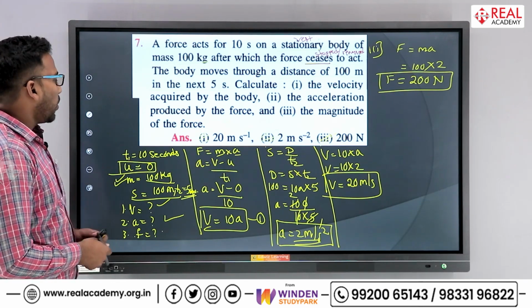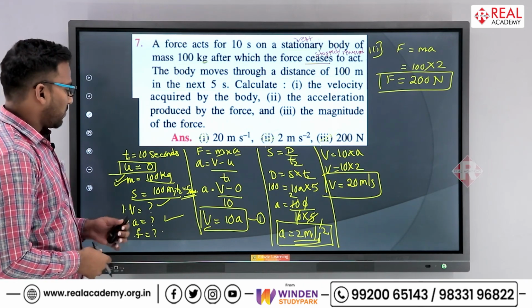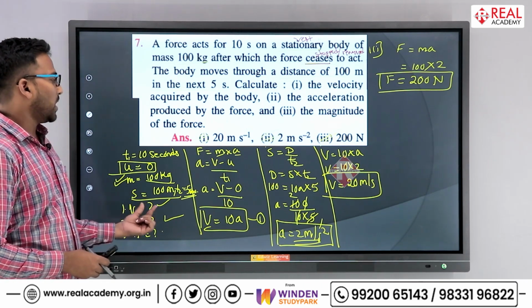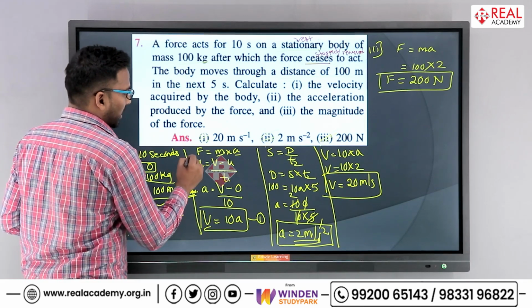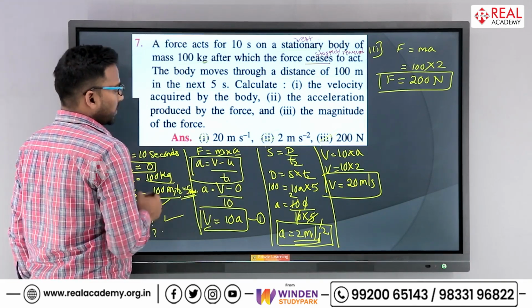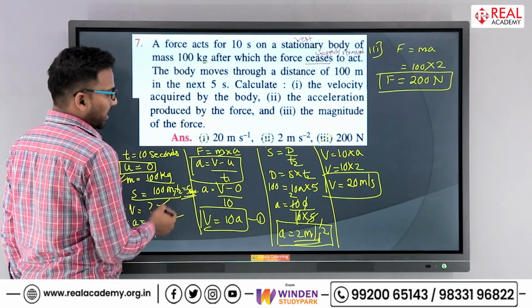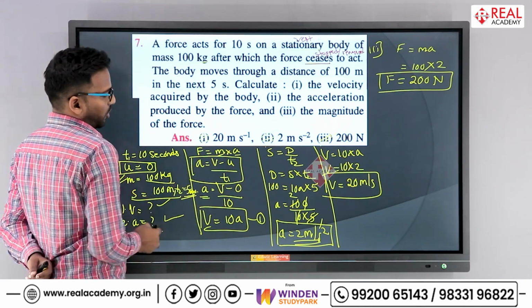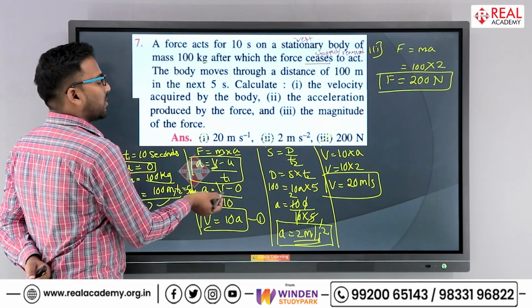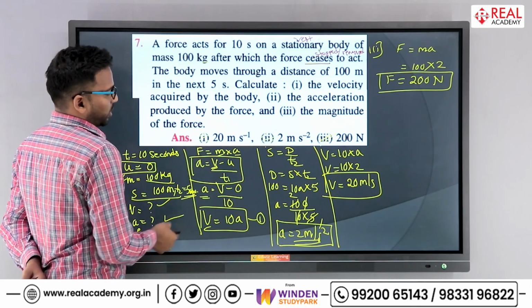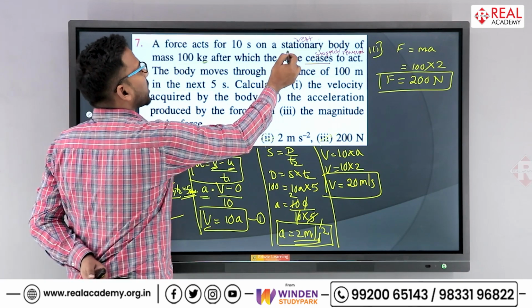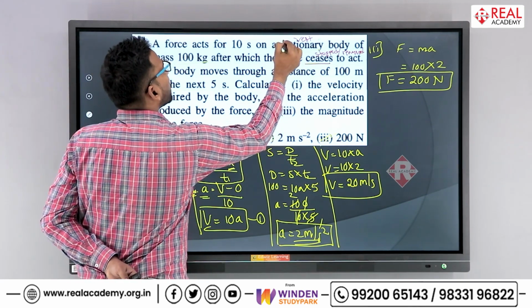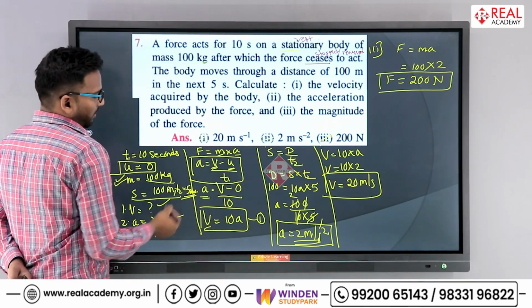Clear? So for velocity, first one, use this formula of acceleration. Acceleration is V minus u by t. Do we know acceleration? No, we don't. So we have simply put it as a. What about final velocity? We don't know. They are asking us to find the final velocity. What about initial velocity? Initial velocity is 0. u is equal to 0.